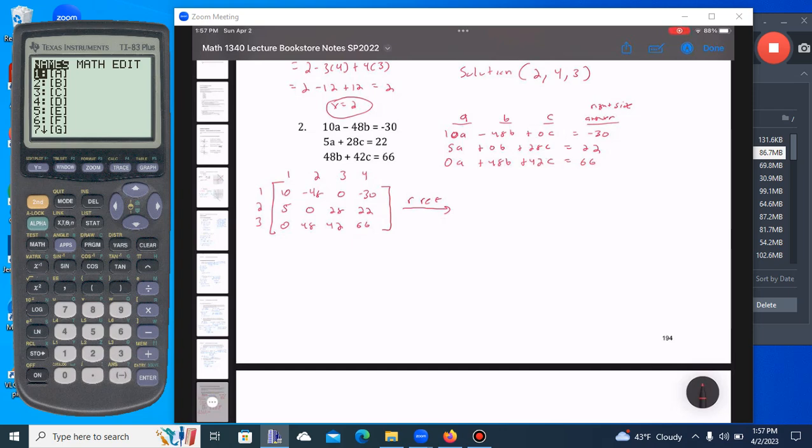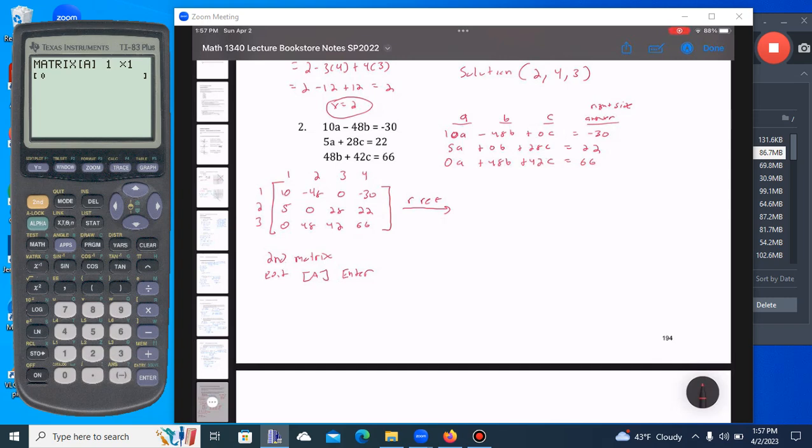So what I do is I'll go to edit. So second matrix, edit, A, and you hit enter. And then we gotta change it so it has the right number of columns and rows. Right now it's 1 by 1, so it's 1 row, 1 column.